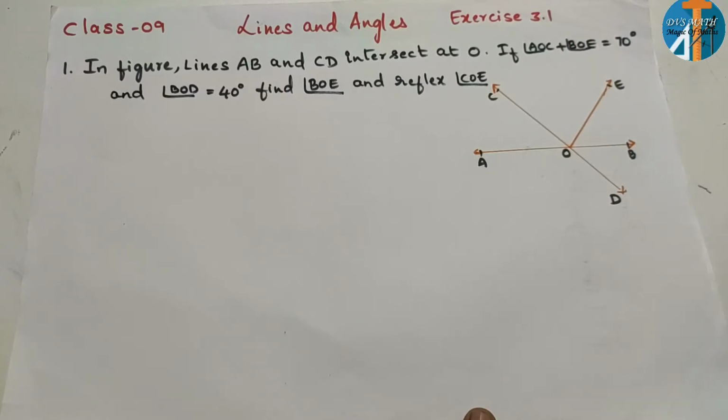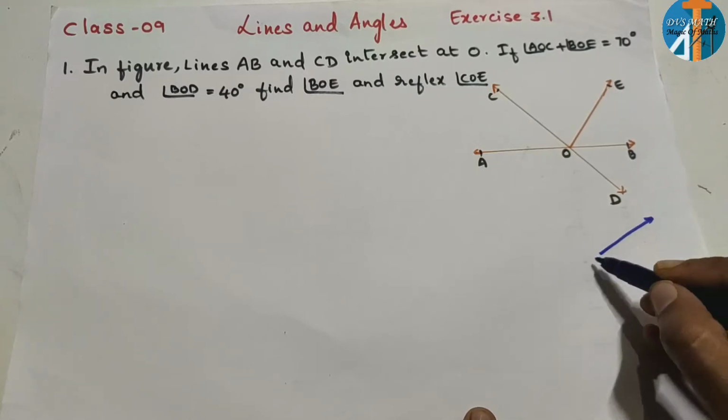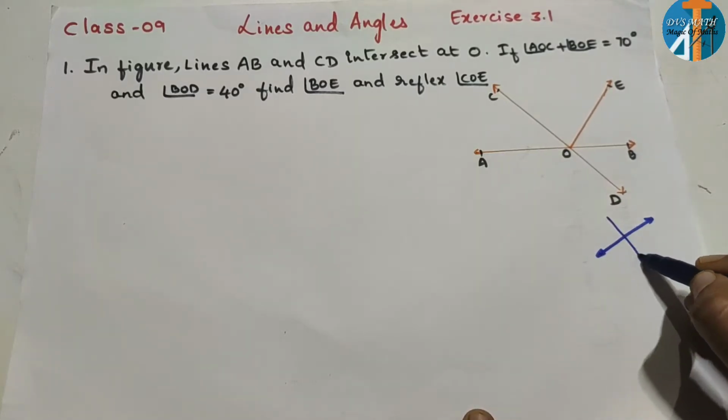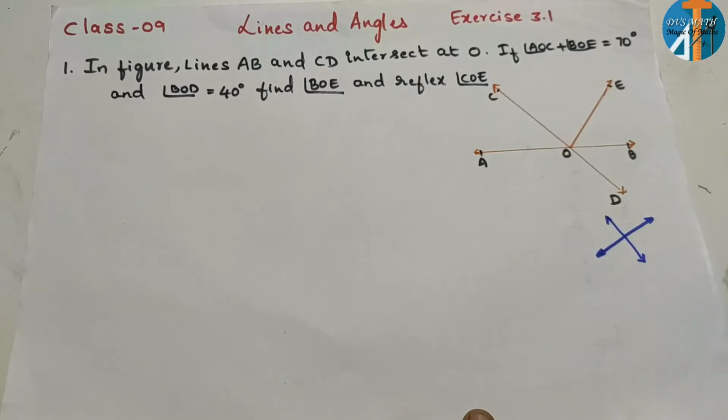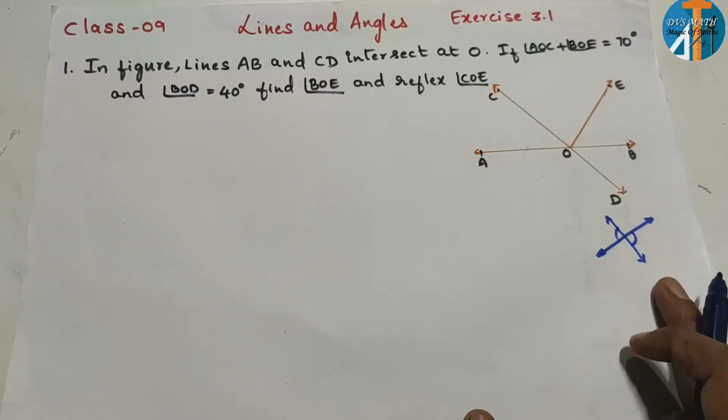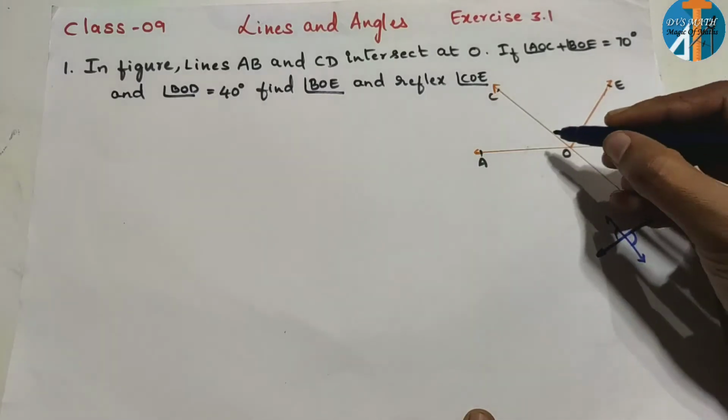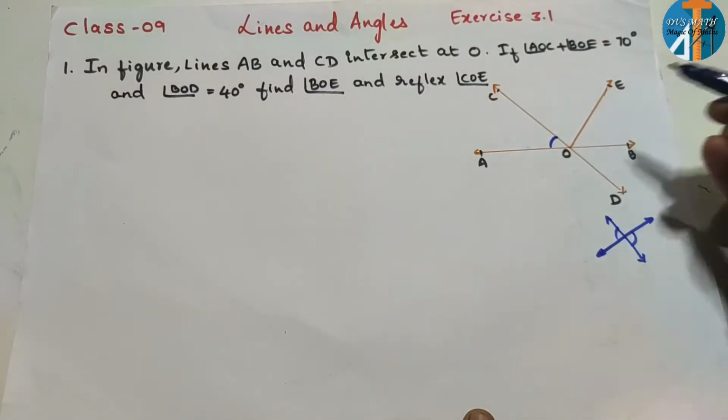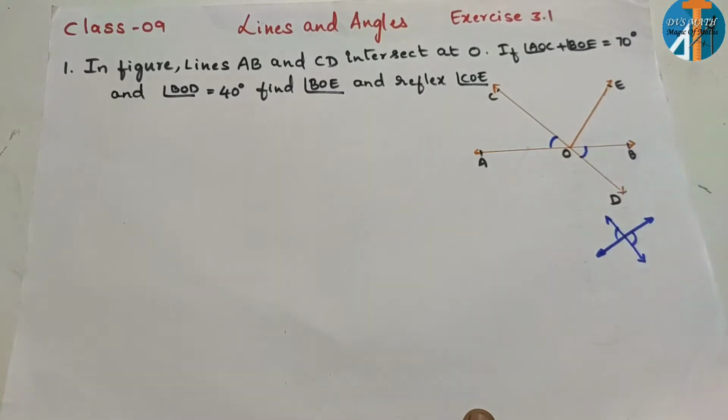As you all know, if two lines intersect each other like this, vertically opposite angles are equal. This is one basic concept we learned in the previous session. That means here, which are the vertically opposite angles? Angle AOC and angle BOD are vertically opposite angles. Then we'll move on to next.